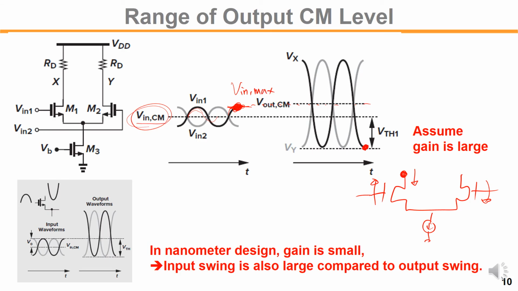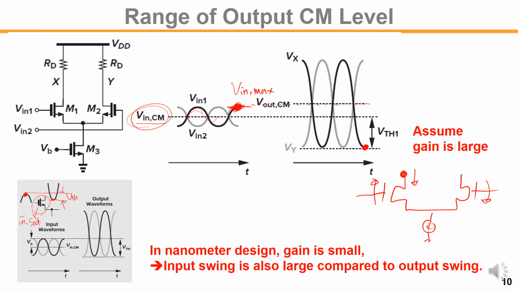So on the left hand side, it is visualized here. When the maximum swing minus VTH, that would actually be the lowest peak we can have to make sure the transistor is in saturation.